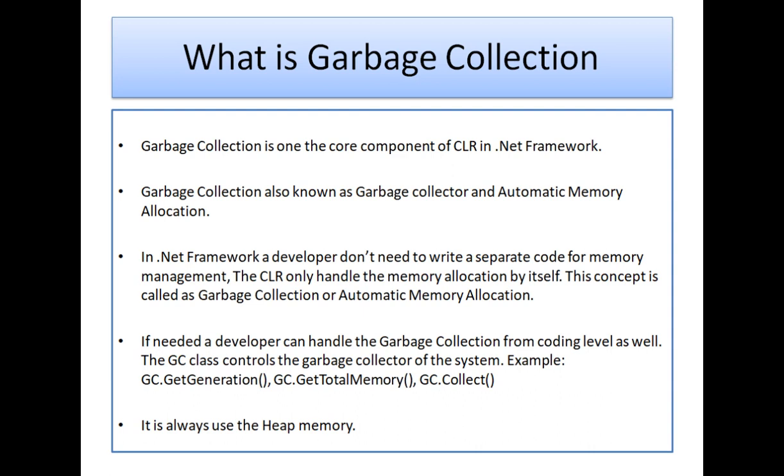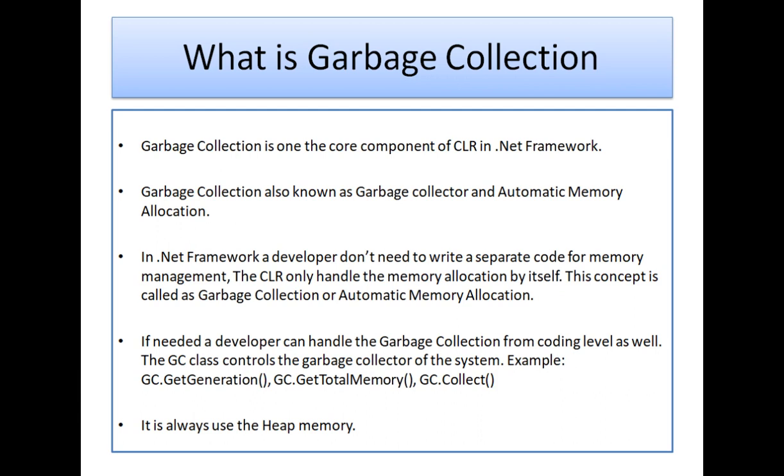Your CLR will do all the things on your behalf, to run your program regardlessly in the .NET framework. This automatic memory management concept, handled by your CLR, is called garbage collection. And if needed, a developer can handle the garbage collection from coding level as well.